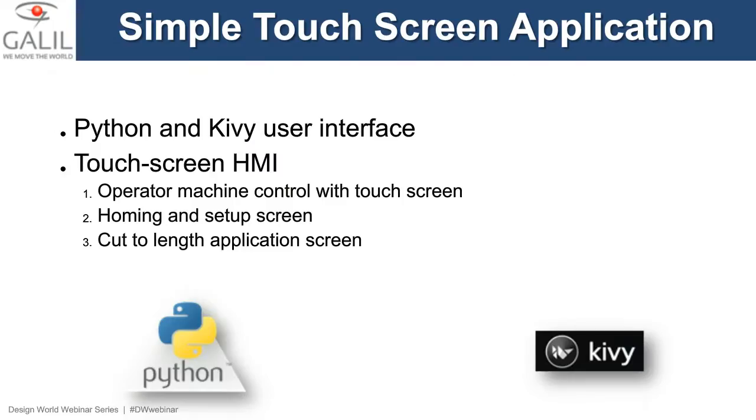Here, we're getting a little bit more advanced on our software side now. We're going to still use Python, and we're going to use it in an event-driven fashion. So when you interact with the user interface, it's going to call code to do something for you. We're going to do this through a library called Kivy, an open source user interface library that allows you to develop applications that act like smartphone applications.